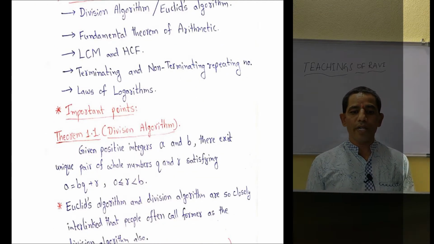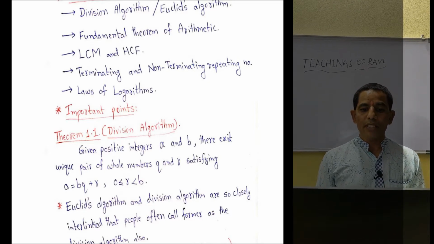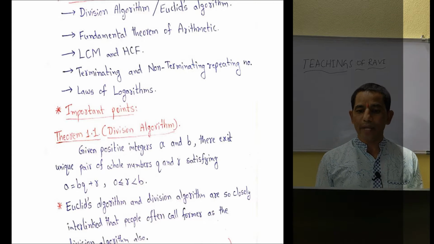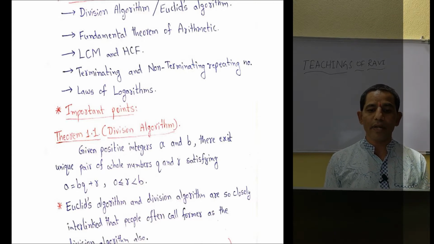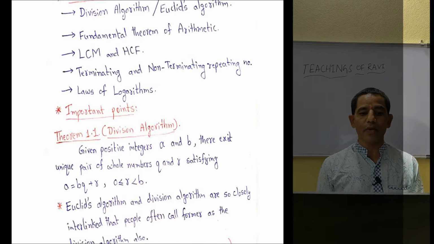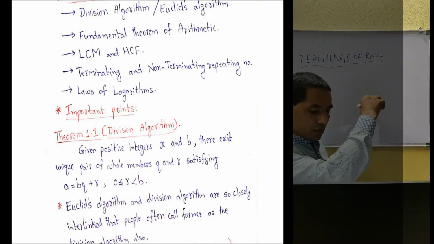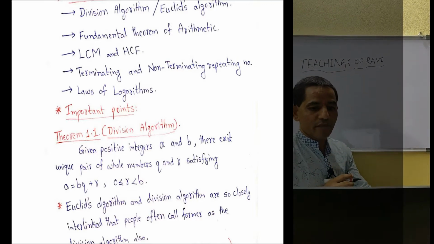Theorem 1.1, division algorithm. Given positive integers a and b, there exists a unique pair of whole numbers q and r satisfying a = bq + r, where 0 ≤ r < b.